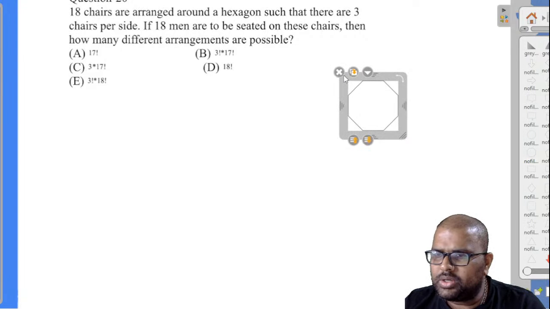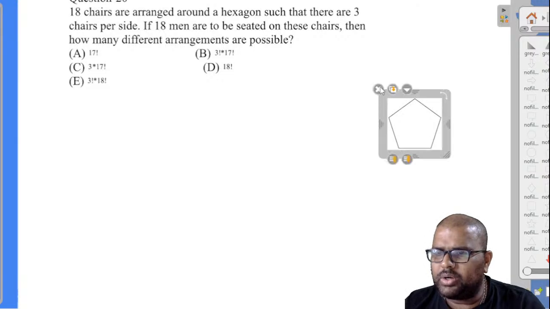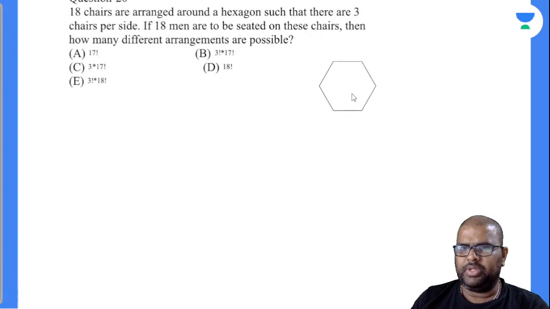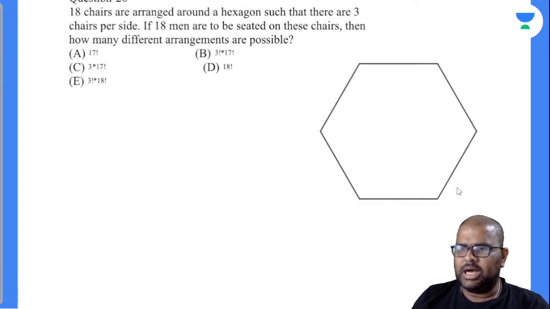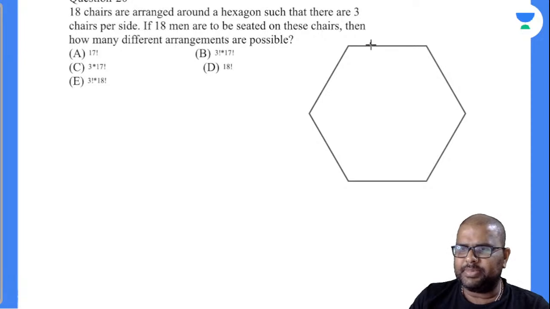Is this a hexagon? No, it's not the hexagon. Second, this pentagon is hexagon. 18 chairs are arranged around a hexagon such that there are 3 chairs per side.